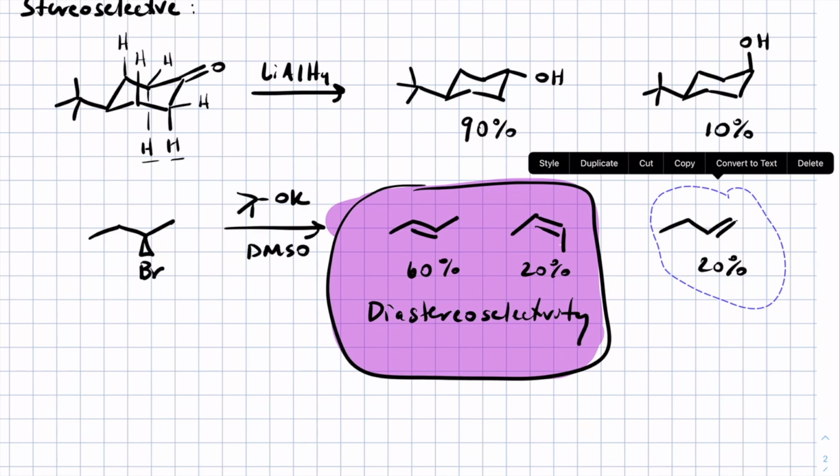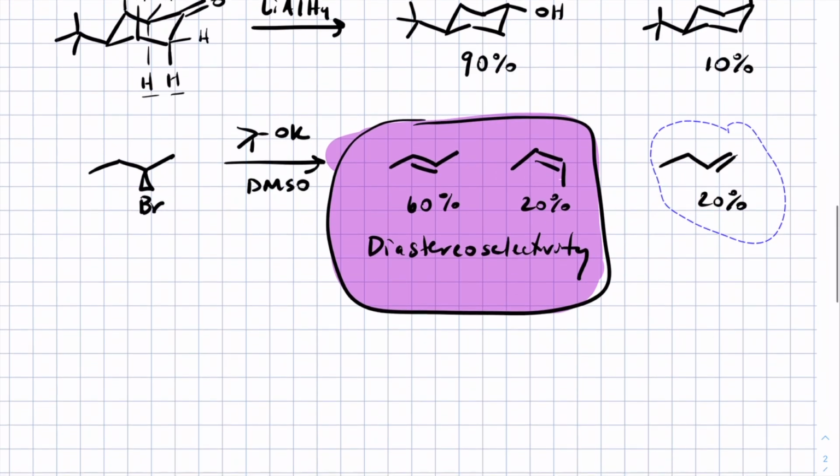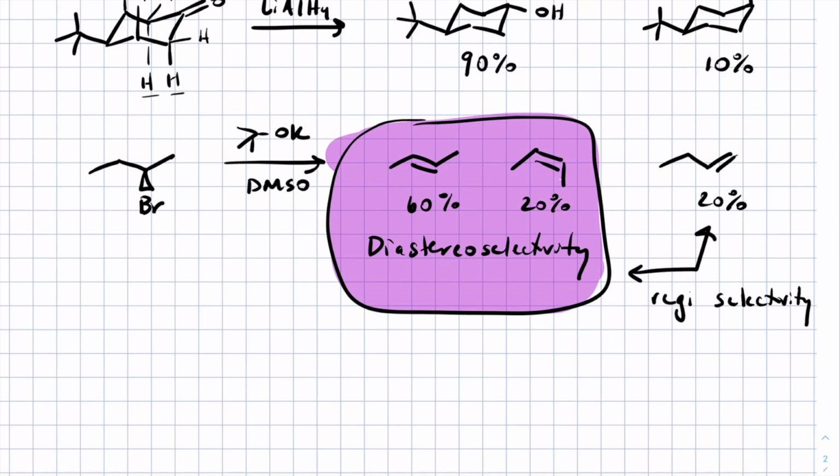What's that an issue of? There's a word I'm looking for. Sure. Those are constitutional isomers. They're constitutional isomers, so what do we put in front of selectivity to describe? What's that? Regio. Yep, regioselectivity refers to selectivity of one constitutional or regioisomer over another.